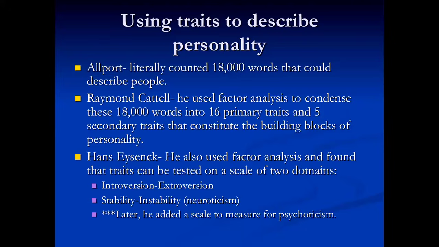Remember how I talked to you about the ethical principle of not engaging in fraud or research fraud? Well, Hans Eysenck, there's question about some of his work. So we teach him, but I'm going to put an asterisk by his name the same way in baseball you put an asterisk by Barry Bonds' name, let's say.